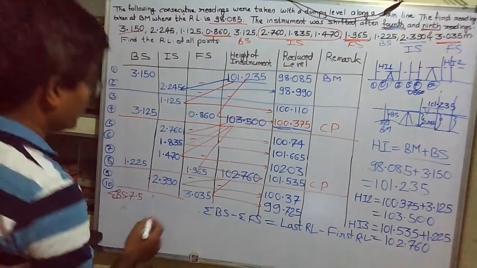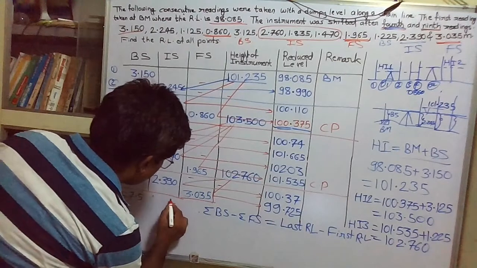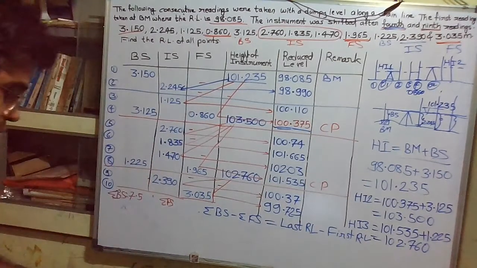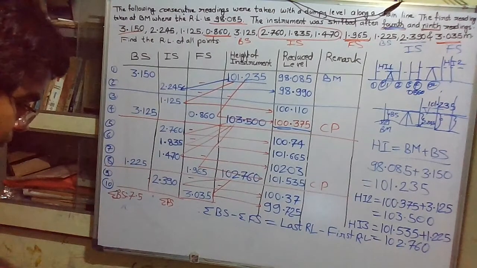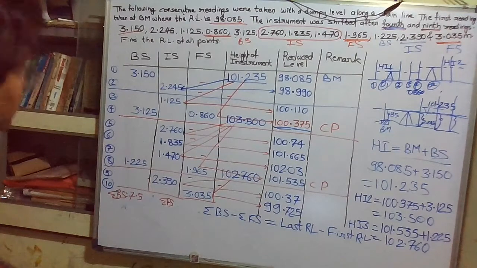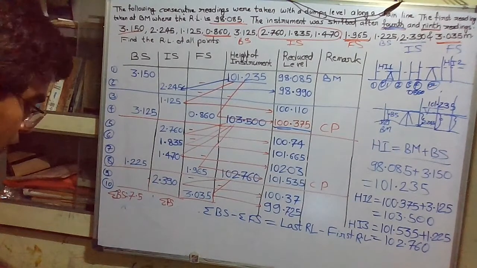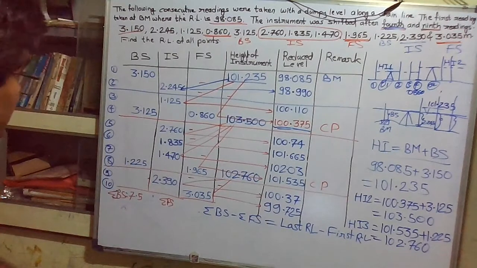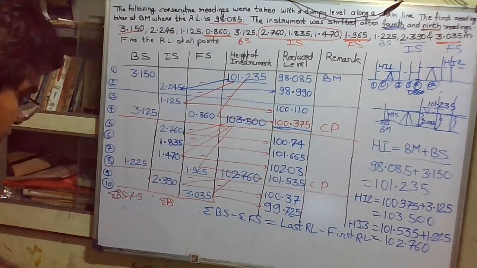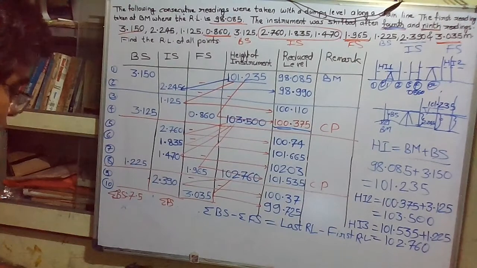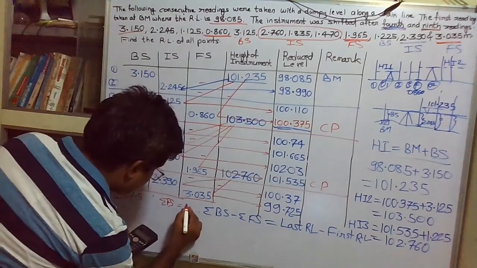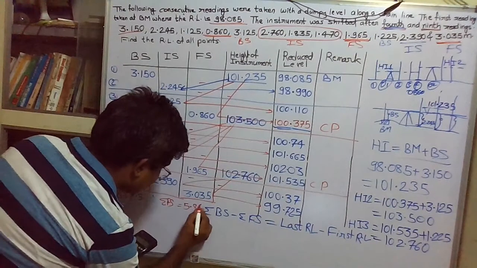And what is the summation of foresight? What is the first foresight? 0.86 plus 1.965 plus 3.035, and it comes to be 5.86.